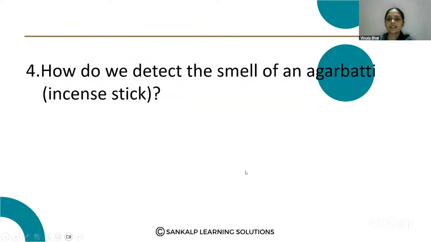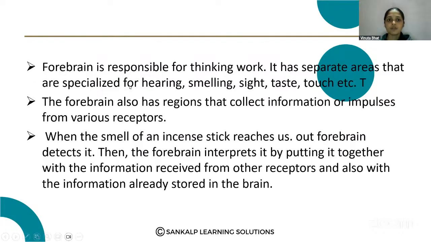How do we detect the smell of agarbatti or incense stick? The forebrain is responsible for thinking work, and it has separate specialized areas for hearing, smelling, sight, taste, and touch. So the forebrain also has regions that collect the information or impulses from the various receptors.